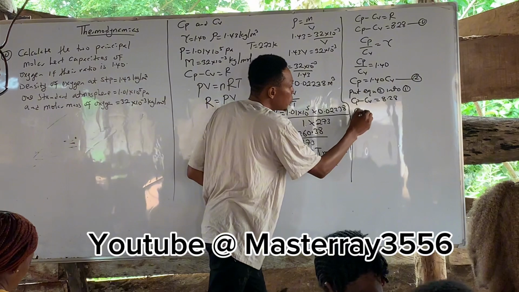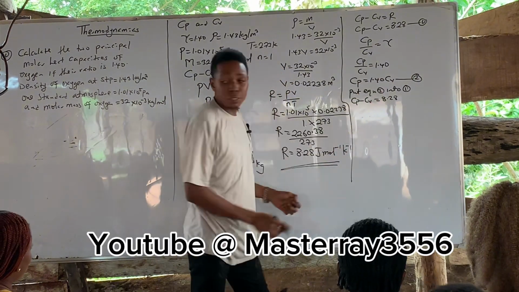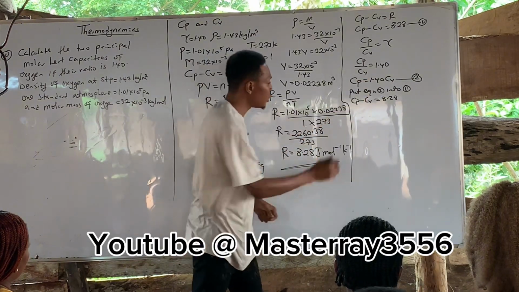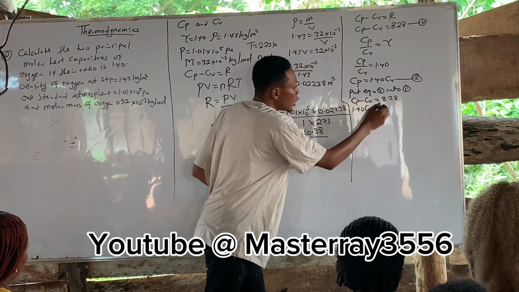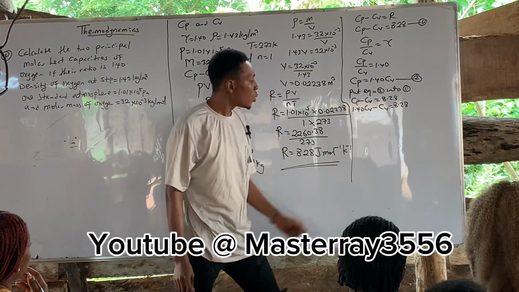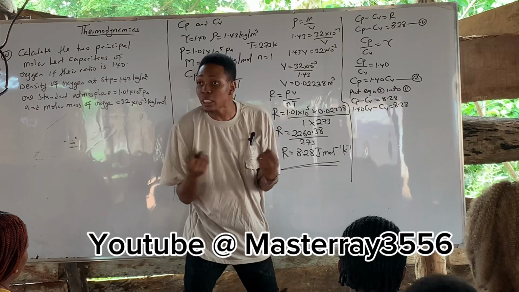So our Cp, what's our Cp? 1.40 Cv. We have 1.40 Cv minus what? Cv equals to 8.28, right? What's common here? Cv is common, right? Then you factor out what? Cv.